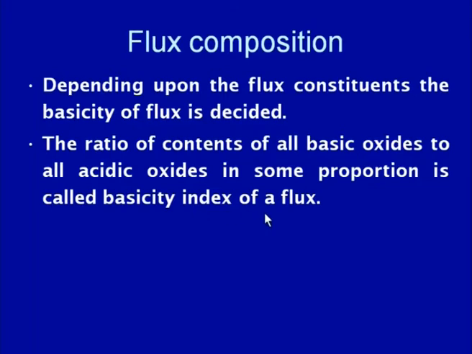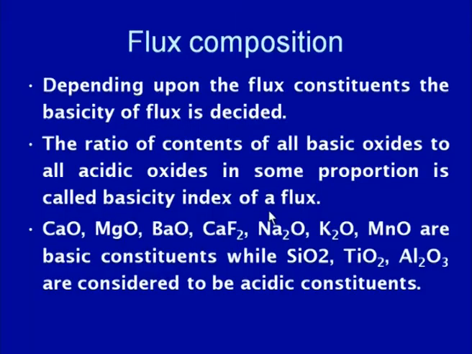So, basically the ratio of the amount of all basic oxides to all non-basic oxides present in the fluxes is defined as the basicity of the fluxes, which indicates how effectively it can remove the impurities from the weld metal.